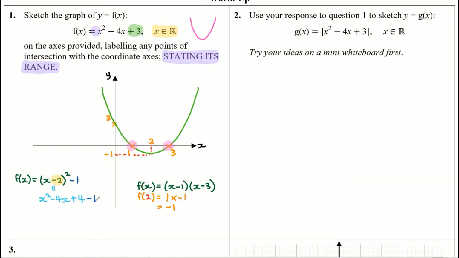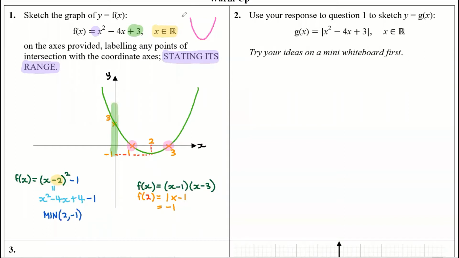So by subtracting 1, I get the x squared subtract 4x +3 that I want. So once again, we can see that there is a minimum point at 2, -1. So that's really good. To get the range, what we need to do is read off all the possible y values we can get.